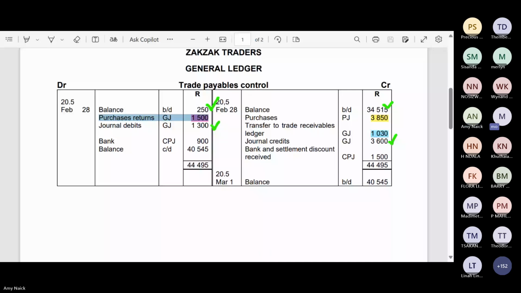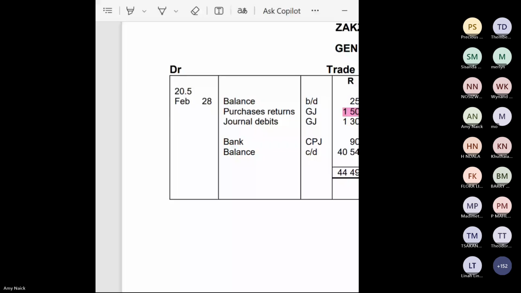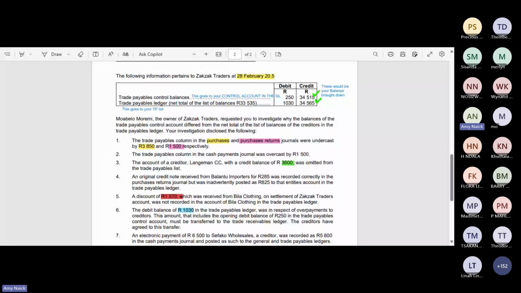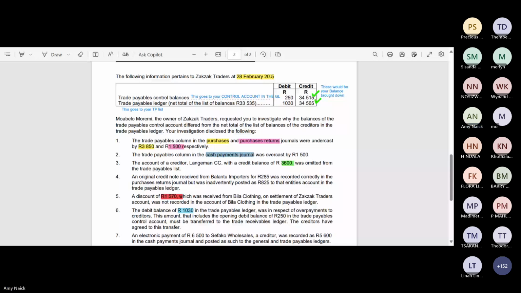But it's written bank settlement discount received. So if we go back to the actual, can you guys see my screen again? Yes. So this is saying it's a cash payments journal, right? So it is basically a bank payment. And that's why they use that description, that settlement discount received.